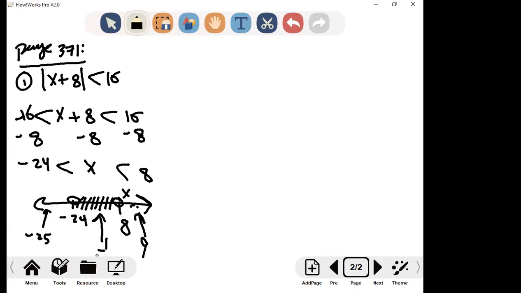Is 9 less than 16? Yes, correct. Check negative 25: negative 25 plus 8 is negative 17, absolute value positive 17. Is it less than 16? No. Do you understand? This is question 1.